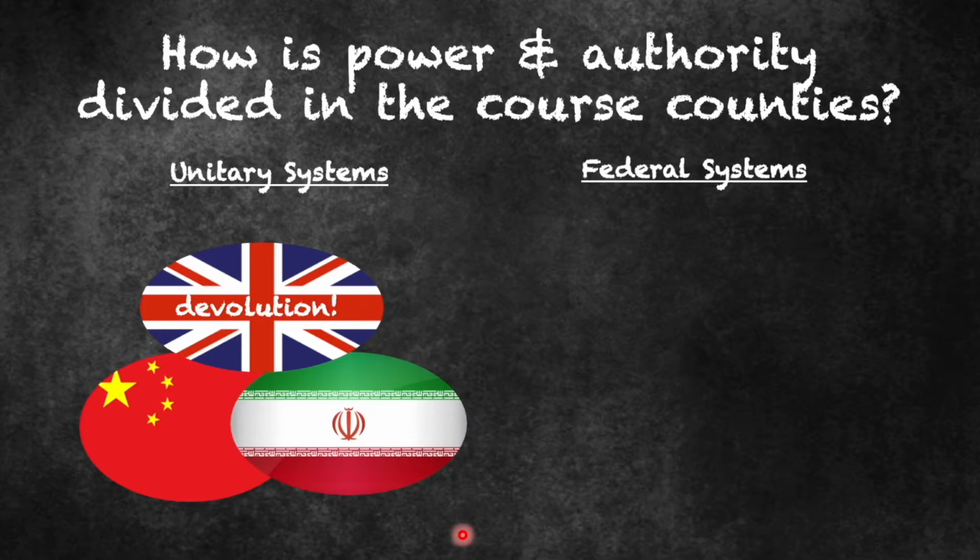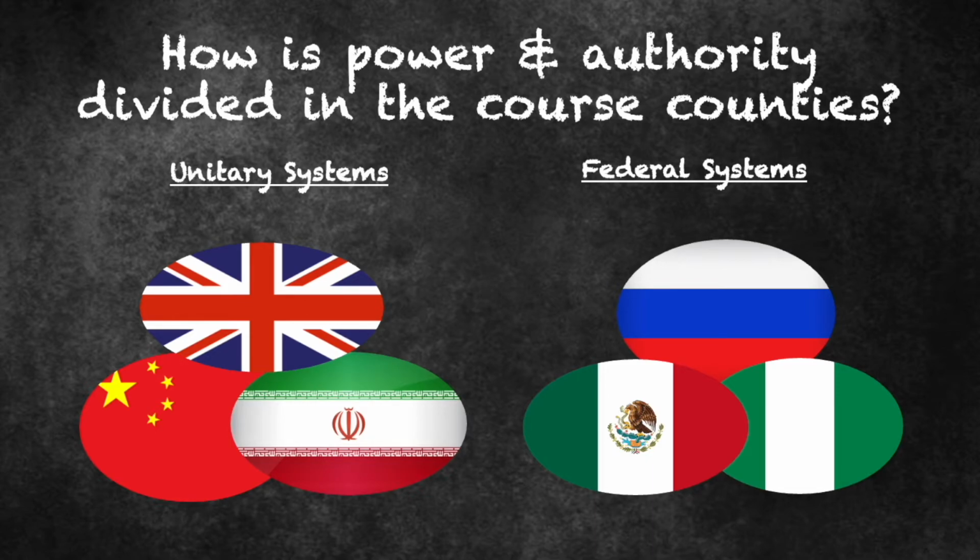This is different in our federal states in this course, Russia, Mexico, and Nigeria, because these countries actually distribute formal authority at the different levels of government. So those local governments are given real independence to make policies that suit their local needs, which cannot simply be overruled by the federal government.